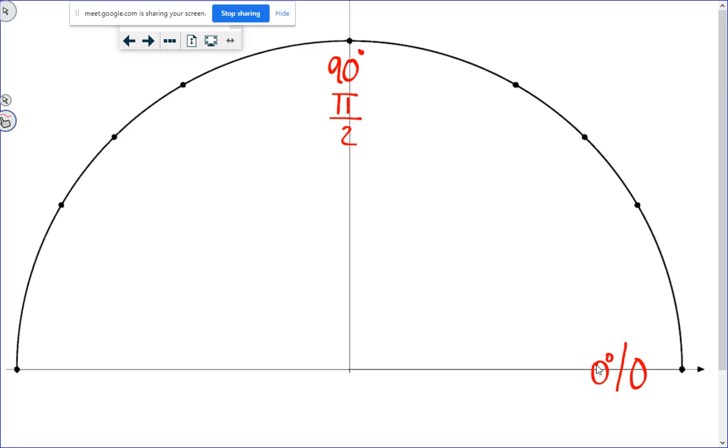It's a matter of knowing that 180 degrees is pi rads. I hope you understand that I'm not saying 180 degrees divided by pi.